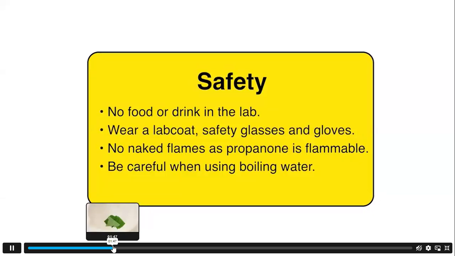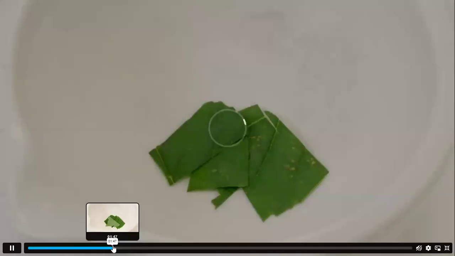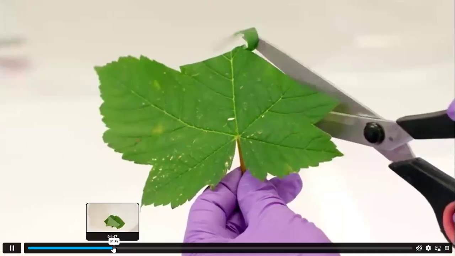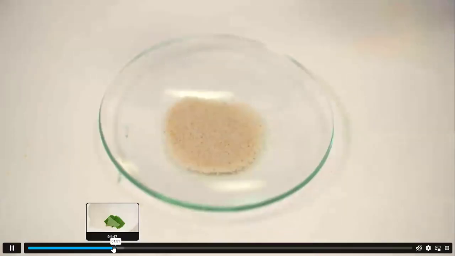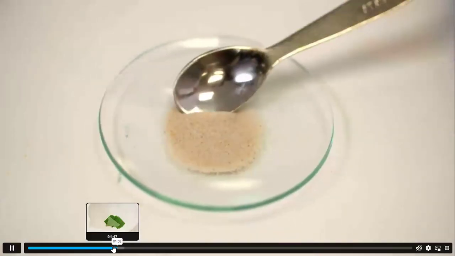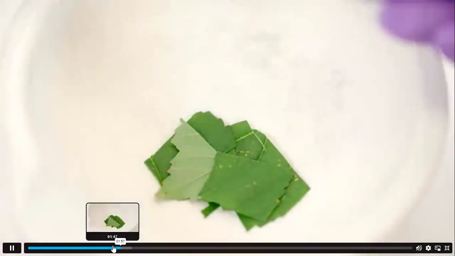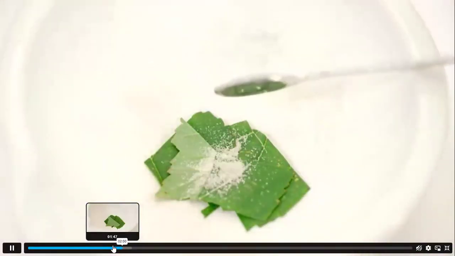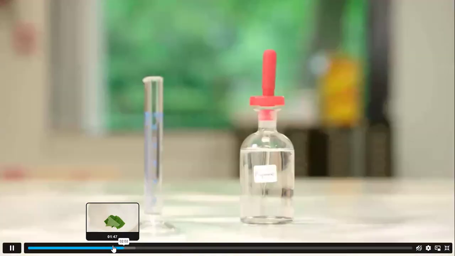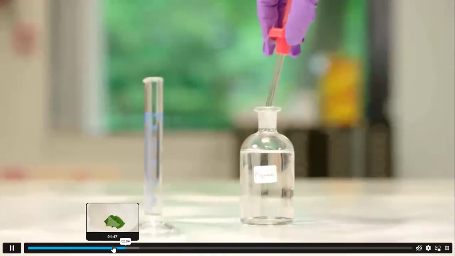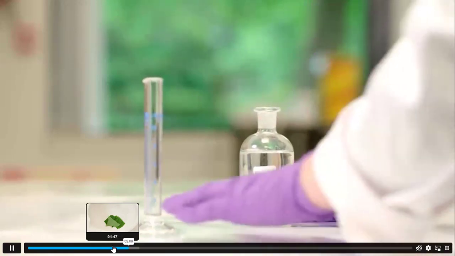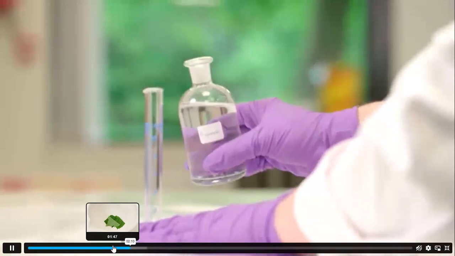So first of all, we cut the pieces of the leaves and then we use a mortar and pestle to crush them. A little amount of sand will be added so that the cells will be crushed easily and we get the extract. They'll add a little amount of alcohol as well, just to get the extract in a proper way.